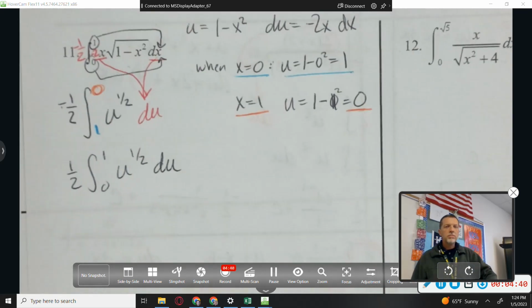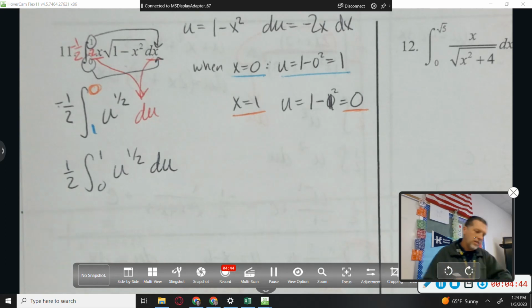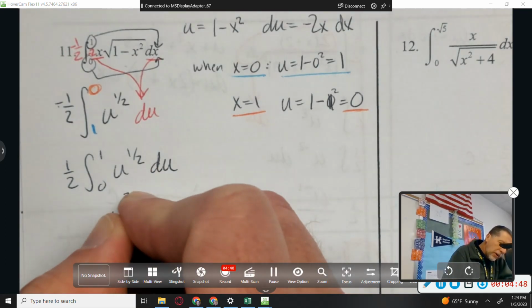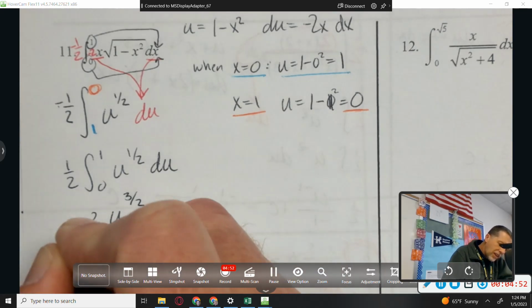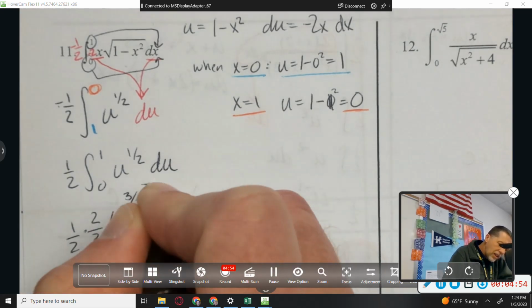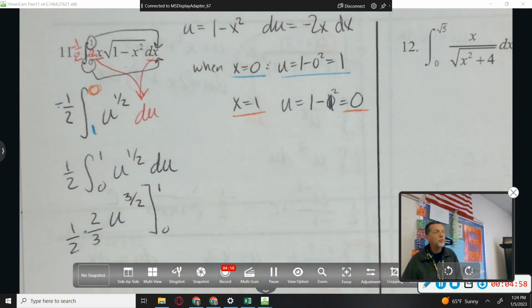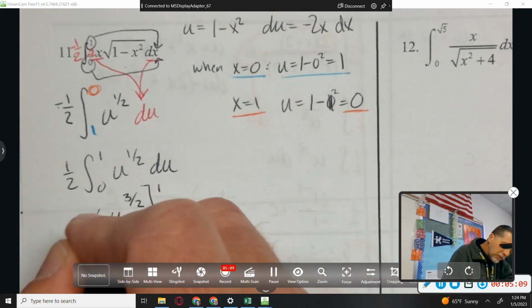All right, now this is like first semester stuff. So power rule, increase the power by 1, divide by 3/2, from 0 to 1. So we've switched this whole problem into u, and so we do not have to go back to x stuff. Everything's in terms of u, so we'll be able to get an answer and not have to go backwards.